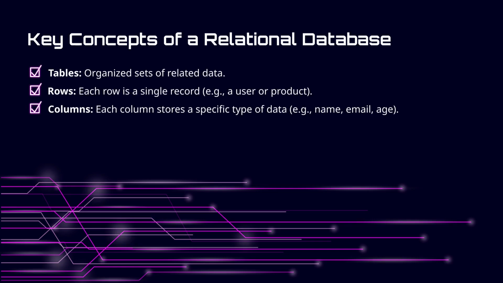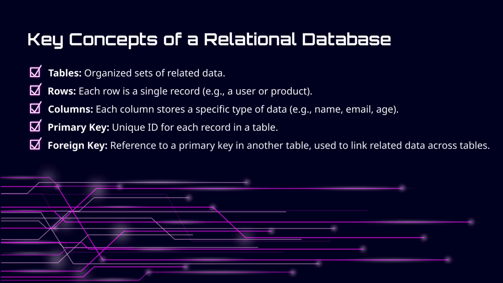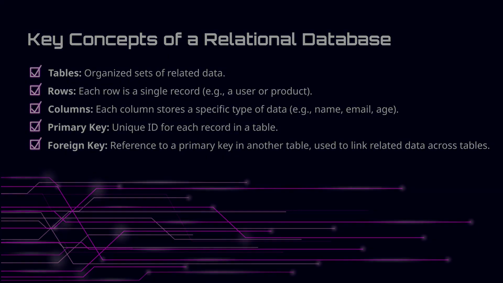Two key concepts help link tables together. A primary key is a unique identifier for each record in a table. A foreign key is a value in one table that links to a primary key in another, allowing tables to be connected. This structure helps keep data organized, consistent, and easy to work with. Don't worry, we'll look at a real example in just a moment.